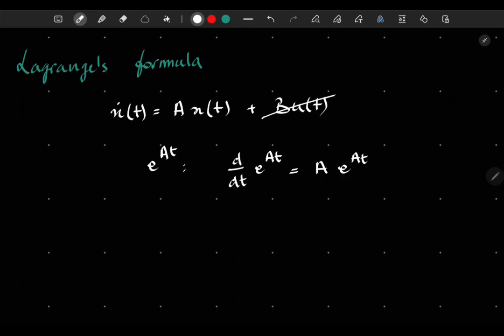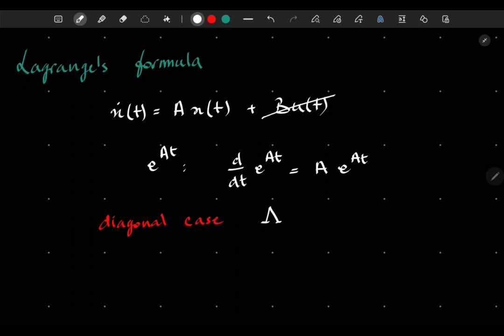And an expression for this function is easy to find if we have a diagonal A. So if A is diagonal, and let us denote it by a big matrix Lambda, then basically what we have is a collection of decoupled scalar systems, just like the first one we have seen.